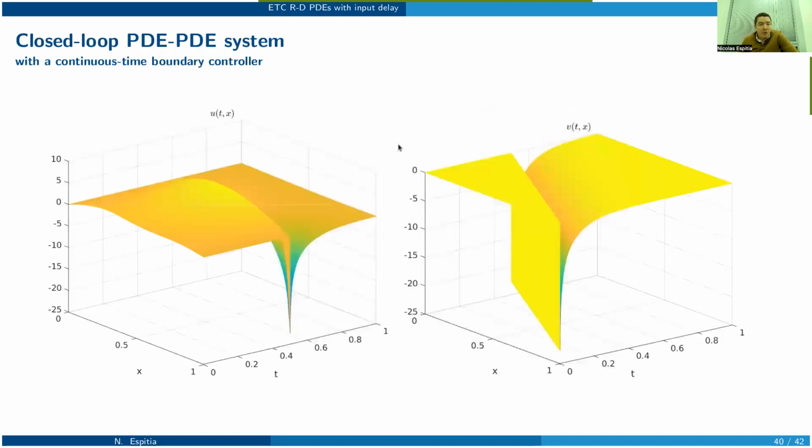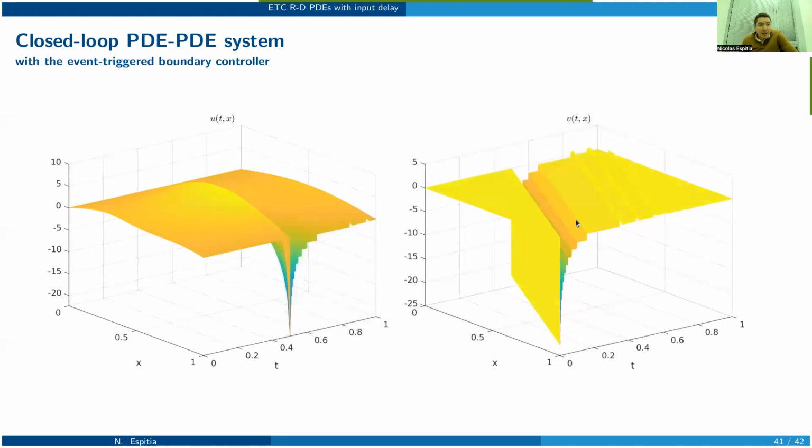Here we have the numerical solution for both the parabolic part and the hyperbolic part under the continuous time controller, right? And here we have the same numerical solutions using the event triggered controller.